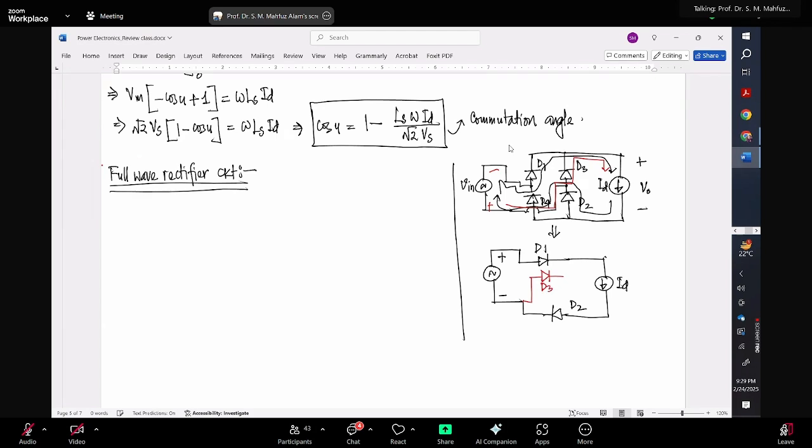That should be your D3, because during the negative half cycle the current will go like this, and it should be connected here. The current will go through D3, and while coming back, this portion should be connected to another diode. That should be your D4, and it should be connected here.